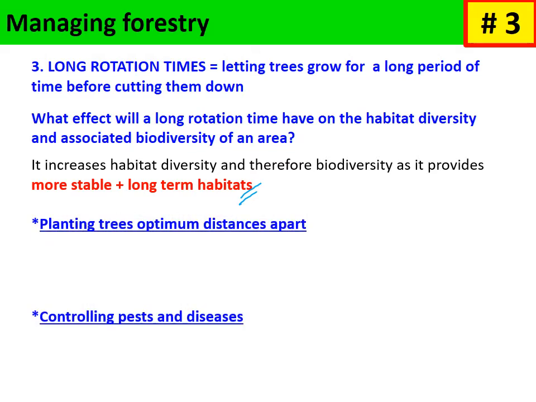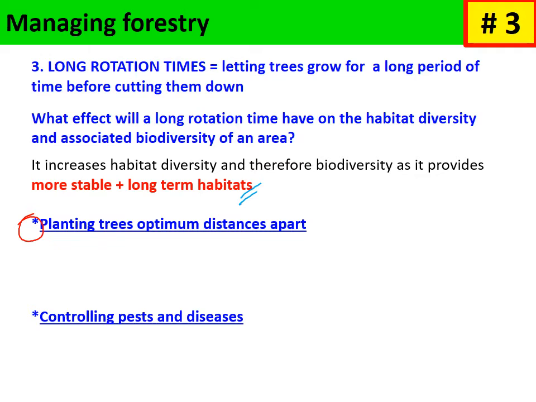Now, other ideas as well as long rotation times involve planting trees optimum distances apart. So imagine you planted trees very, very close together. Well, that would increase the level of intraspecific competition. So the root systems of these trees would compete for the same minerals like nitrates and phosphates and magnesium.